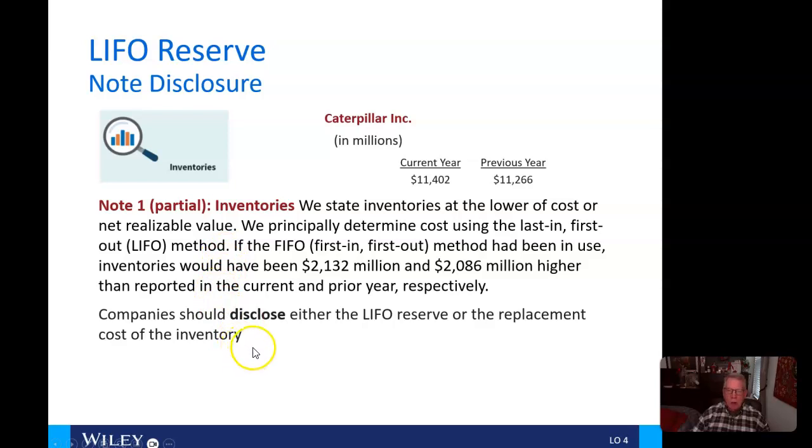So if the FIFO method had been in use, the inventories would have been $2,132,000,000 and $2,086,000,000 higher than what was reported in the current and prior years, respectively. So the company should disclose either the LIFO reserve or the replacement cost of the inventory.